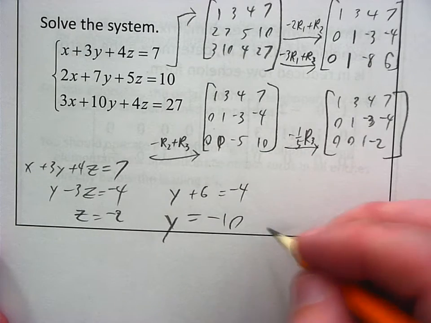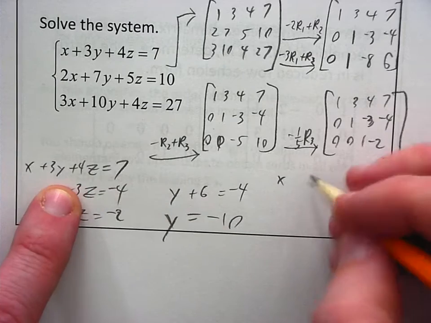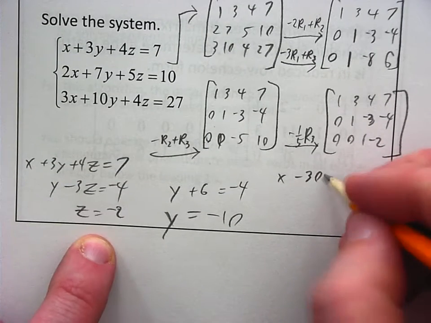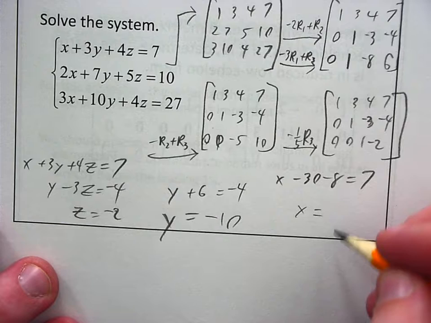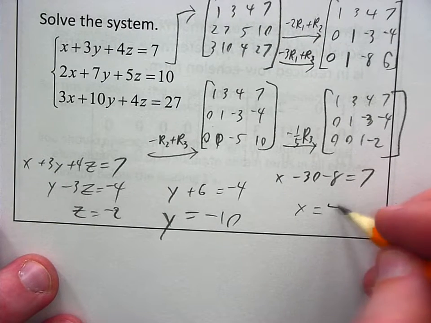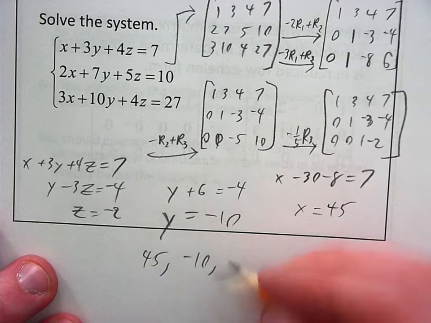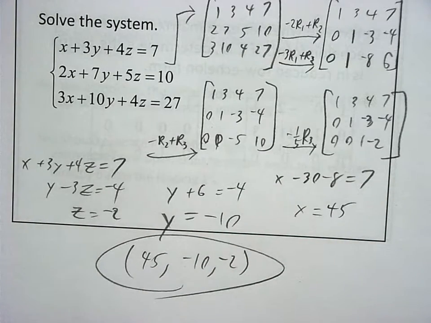Then I'm going to take both those and plug them back into the top, giving me x minus 30 and minus 8 is 7. So x is what? 45. 45. So my answer is the ordered triple 45, negative 10, negative 2.